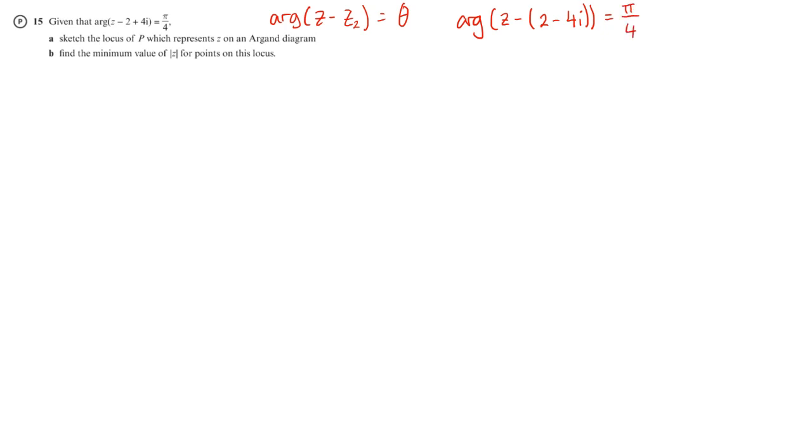So if we put this, let's say A here, on an Argand diagram, then our point is going to be 2 minus 4i, so 2 over here, minus 4 here, so this is the real and this is the imaginary. Then we draw a line going from here, which means our angle theta is pi over 4.